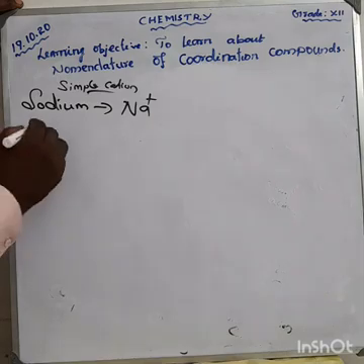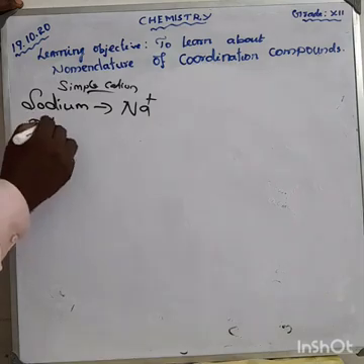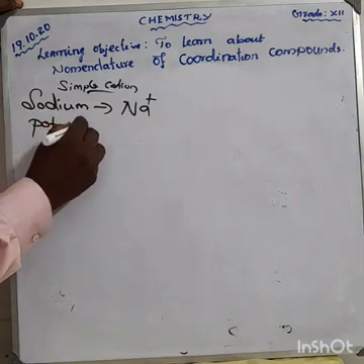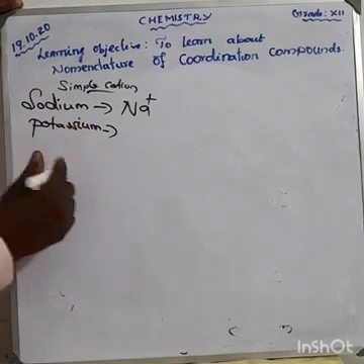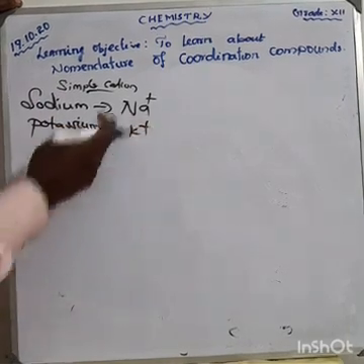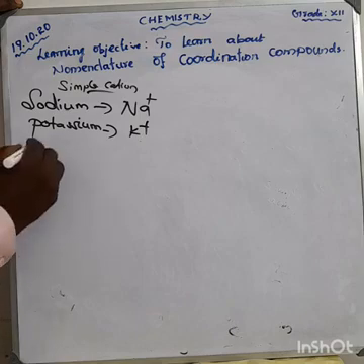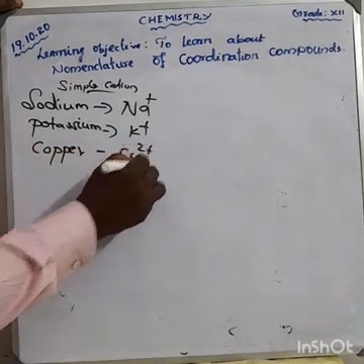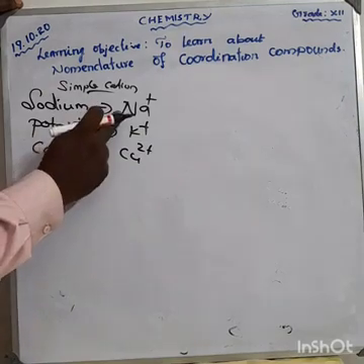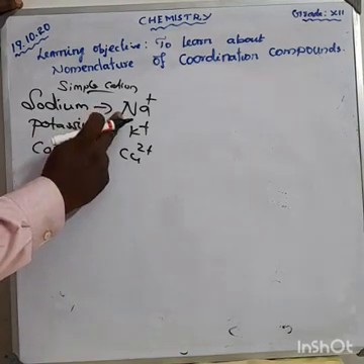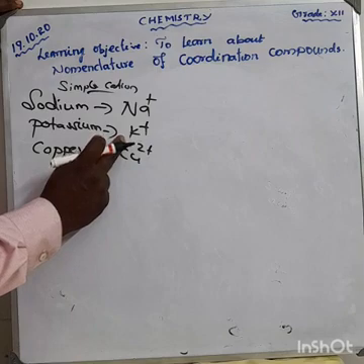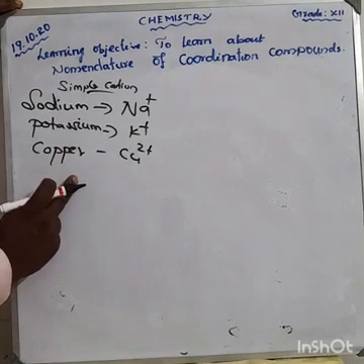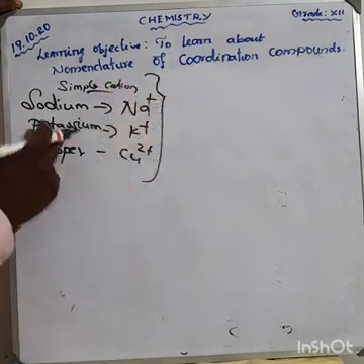We can take potassium. How do you write the potassium ion? K+. Plus means cation. Copper: Cu2+. Na+ or Na 1 plus. Potassium K+ or K 1 plus. Copper Cu2+. These are all what? Simple cations.